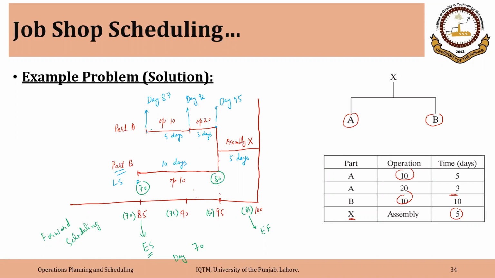Similarly, this will be 72, if I'm right. This should be 77. This should be 80, and this should be 85. Just cross check, I hope it is correct. In that way, we can make the forward schedule as well.